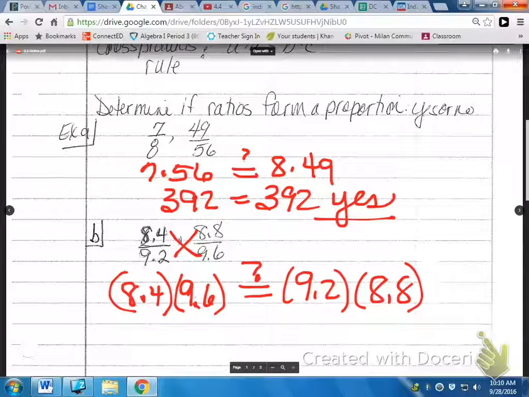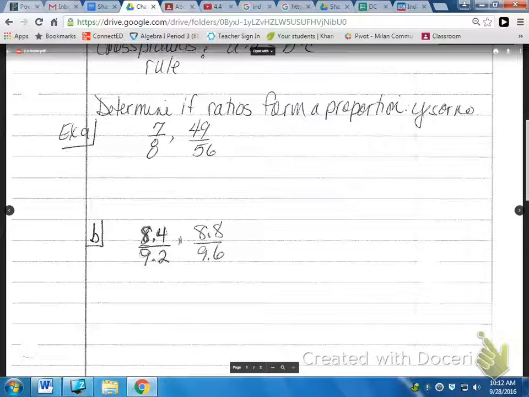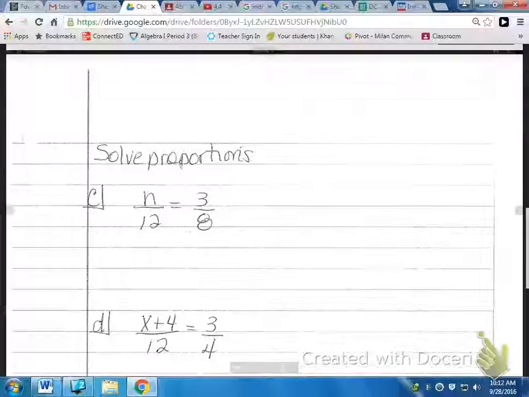Well, the one on the left is equal to 80.64, and the one on the right is equal to 80.96. So those two are definitely not equal. So the answer, are they a proportion? Definitely no. Questions about that? So you'll have a couple where you have to determine if they could form a proportion or not. Questions?